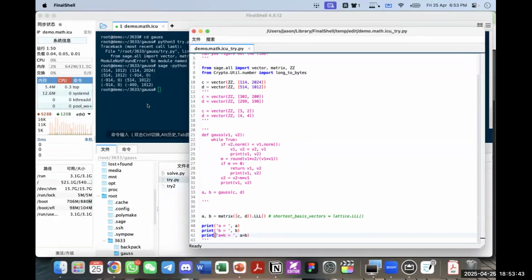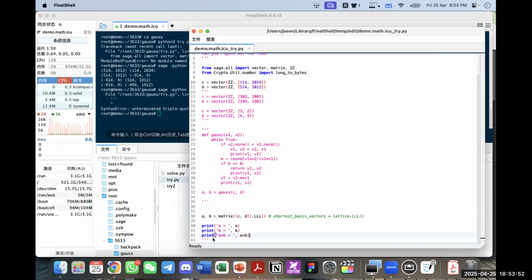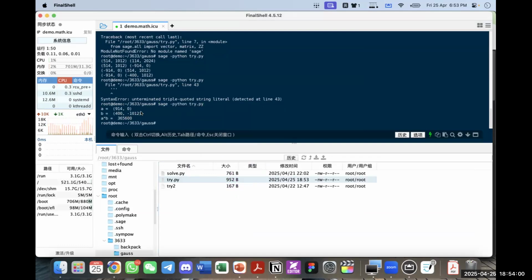So we just run the program once again. Okay, so it also gives us the reduced vectors A and B, and then the answer to the previous problem is the dot product of A and B, which is this number.